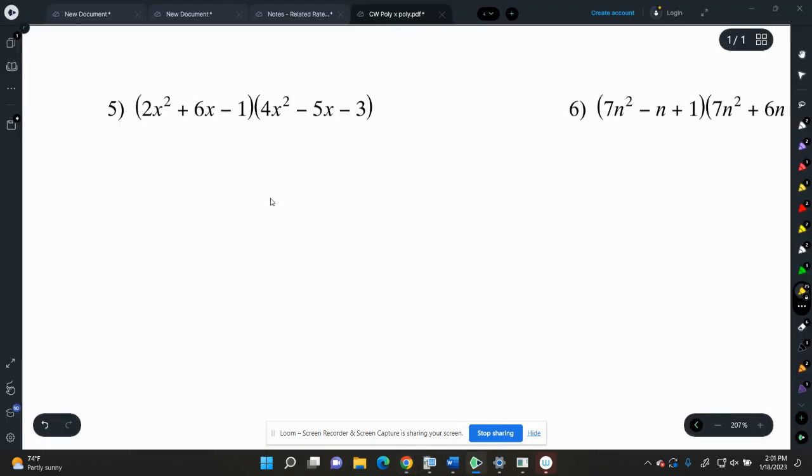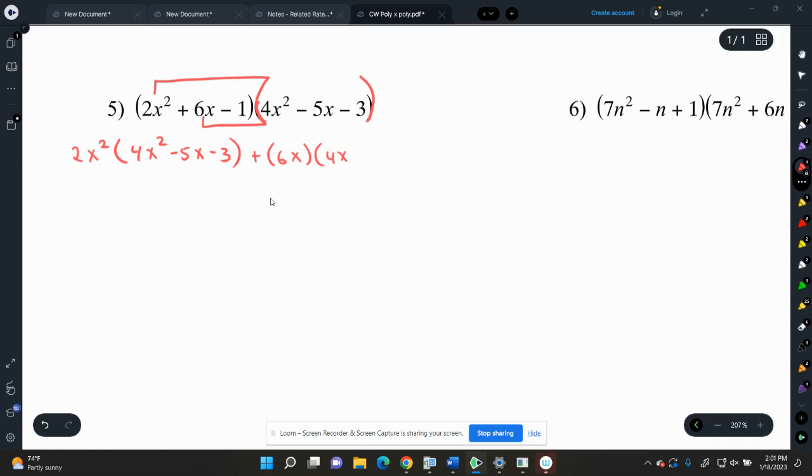All right, so number 5. We're going to take the 2x squared, and we're going to distribute it to this whole parenthesis here: 4x squared minus 5x minus 3. And then we're going to do plus 6x, and distribute it to that whole parenthesis, times 4x squared minus 5x minus 3.